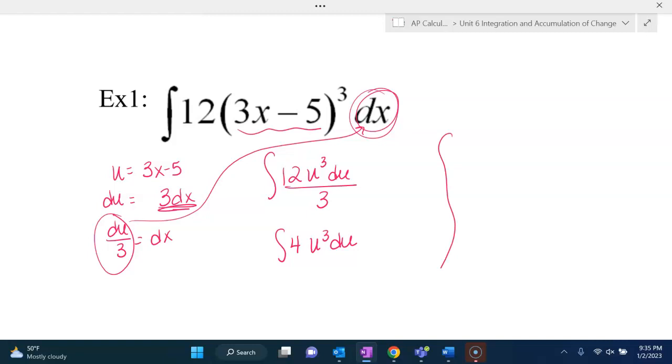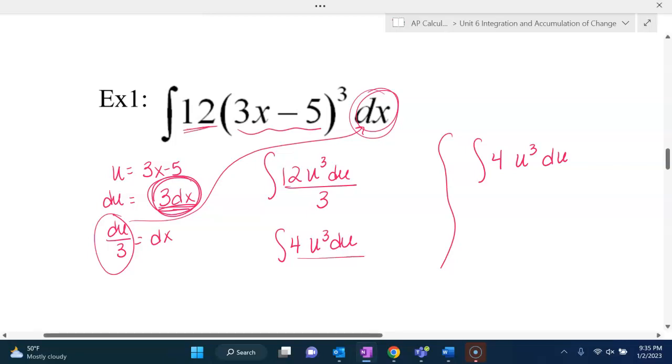Another way some kids think of this is they say, well, 12 is 4 times 3. So they leave the 4 there. That's the u cubed. And then right here, if you use this piece for your substitution, that's the 3 in the 12, 4 times 3, you get to the same place. It's up to you. So now add 1, divide by that new exponent.